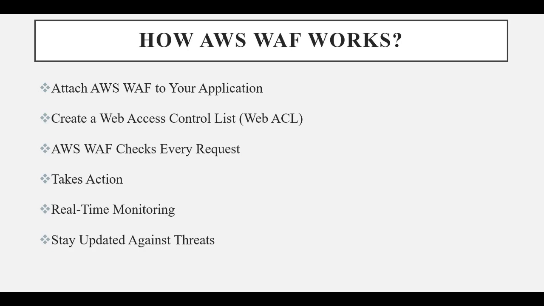So that's like here we can see. It creates the web access control list. The WAF is a control to protect the resources that respond to HTTP web requests. The web access control list can be associated with one or more web application resources. So first we attach the firewall to your application.